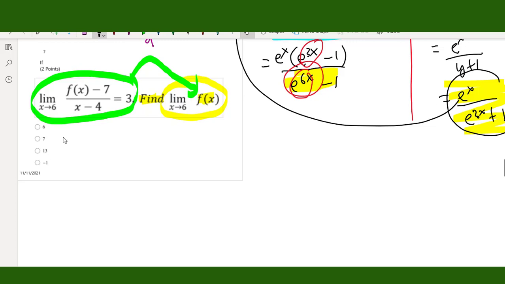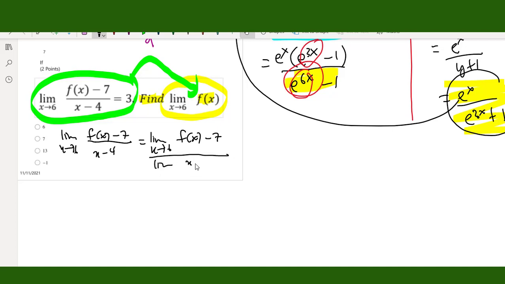Starting here, according to the property of the limit, limit of f(x) minus 7 over x minus 4 as x approaches 6 can be written like this: limit of f(x) minus 7 as x approaches 6, over limit of x minus 4 as x approaches 6. Separate the numerator and denominator and find the limit separately.